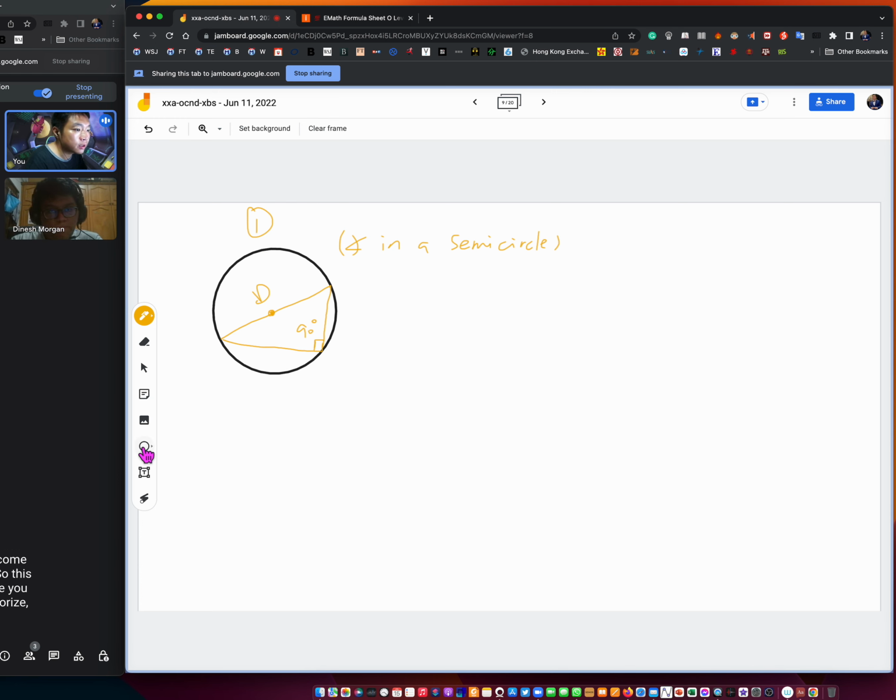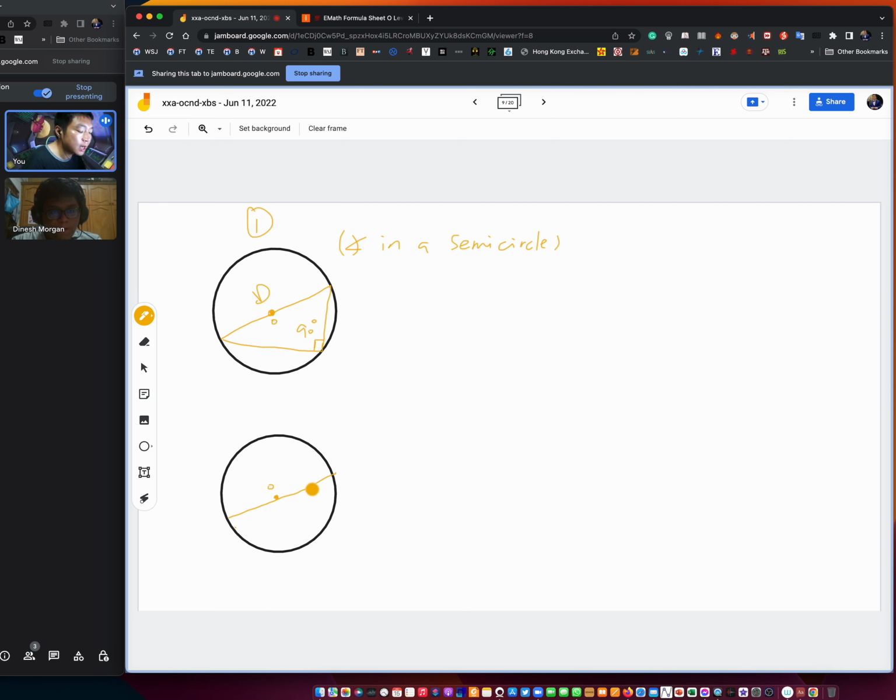Then of course the other one is the center, then 2 times at the circumference. So this is the center, and by the way, this is the center also. I use the origin O to represent that.